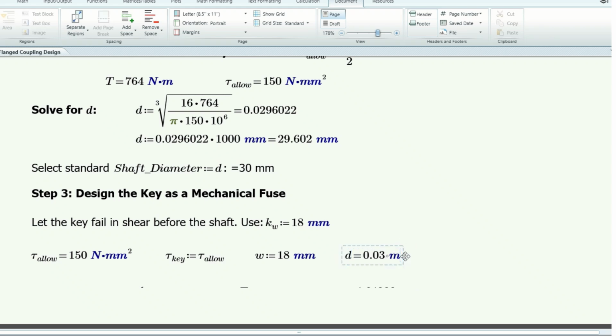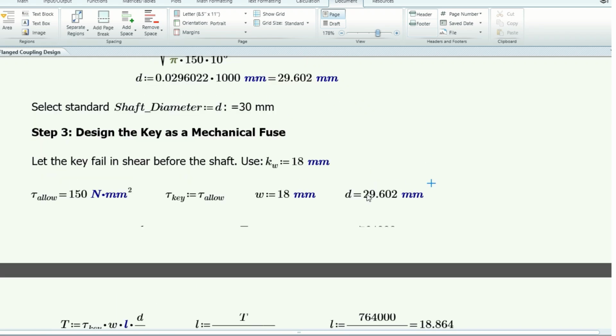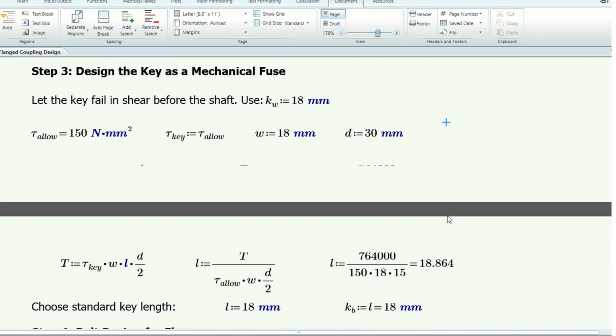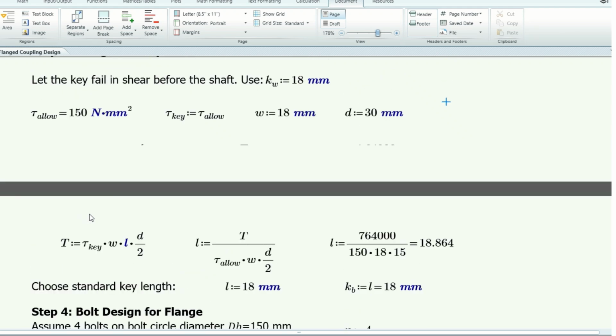So T is equal to 30 mm. I have rounded off this to 20 mm, and the T is now using the formula.